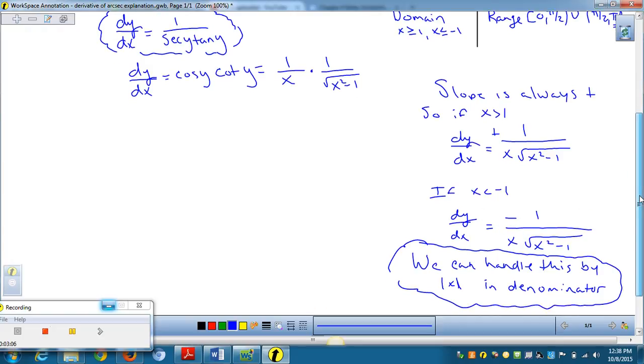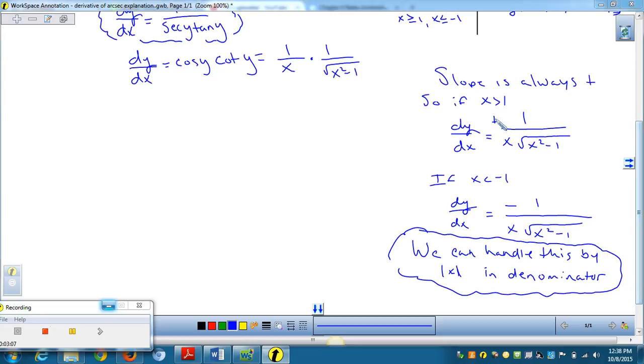And one easy thing that we can do to account for the ambiguity that we get with a positive and negative is we can simply put the absolute value around the x in the bottom, which will take any negative value, make it positive, and if we have a positive value, it will keep it positive. So we can handle that plus and minus by simply putting an absolute value around the x in the denominator.